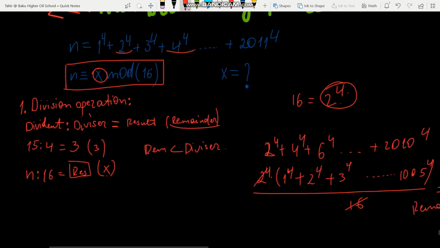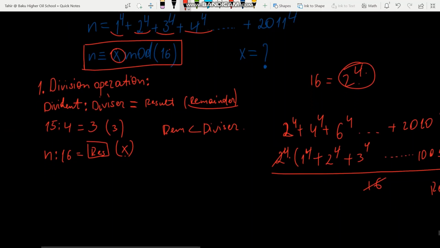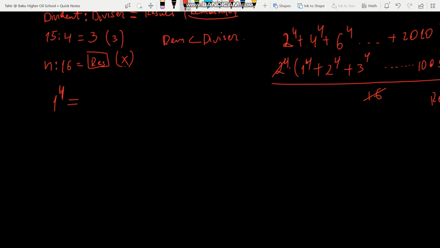Let's continue with the remaining terms, which are only odd numbers, and analyze them arithmetically. What do we get when our number is odd, and we use the power 4 for them and try to find their result in mod 16?